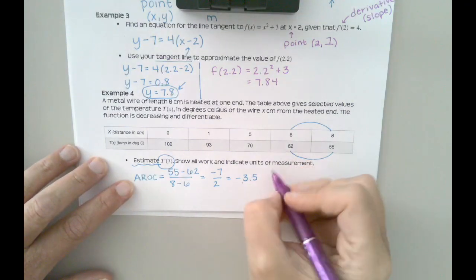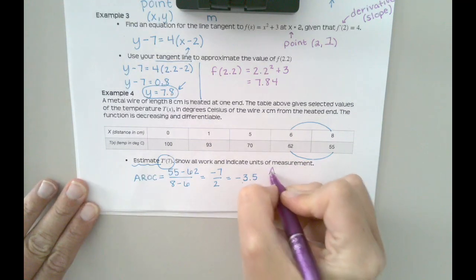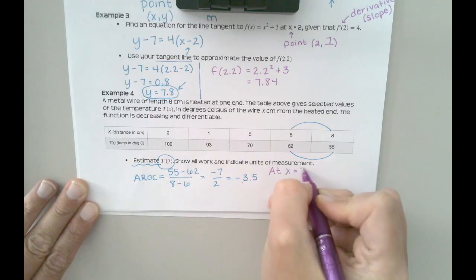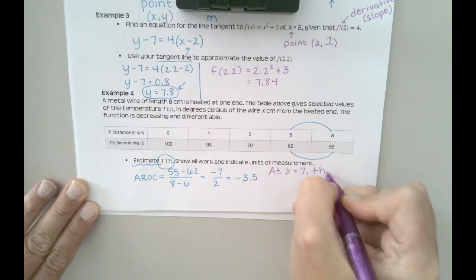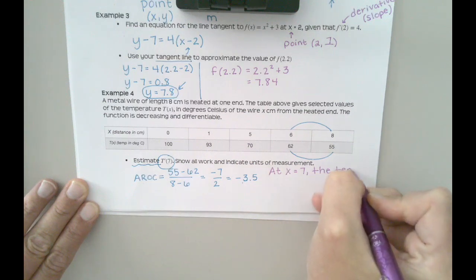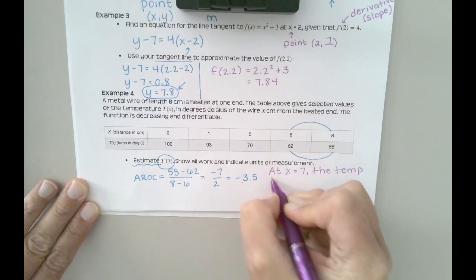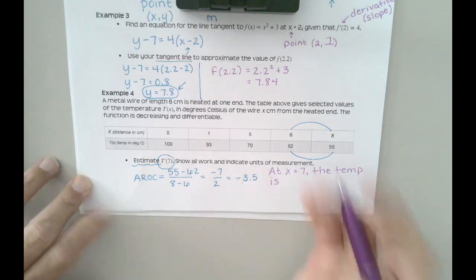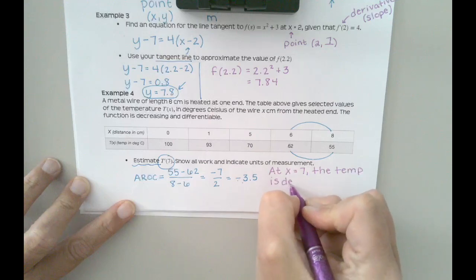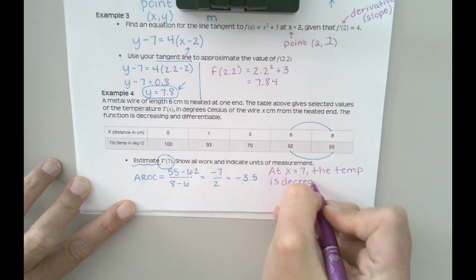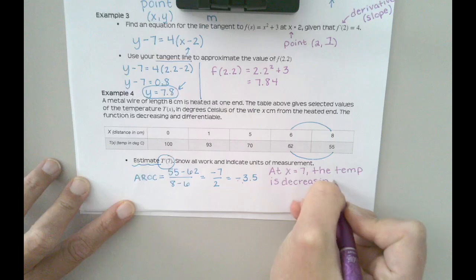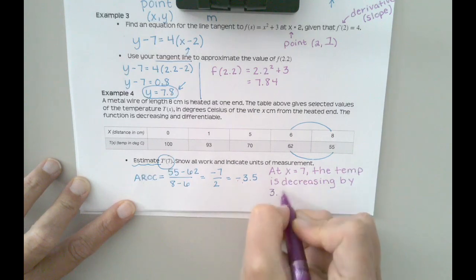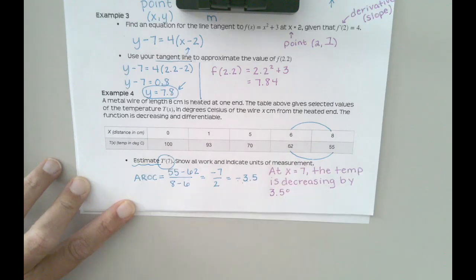We want to talk about it by saying, at x equals 7, the temperature is changing. Specifically, it's decreasing because this is negative, decreasing by 3.5 degrees.